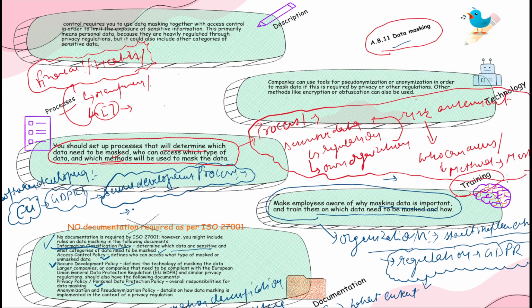And then, as per GDPR, you can have a privacy policy, for example, and then, as mentioned here, the pseudonymization and anonymization process, with the basic definition, how it should be done, and how it should be implemented and taken care of by the employees in the organization.